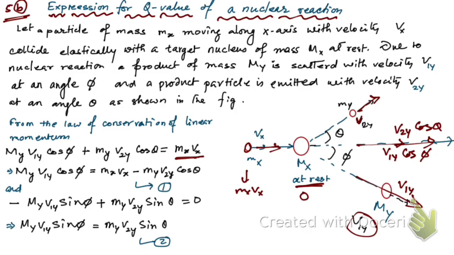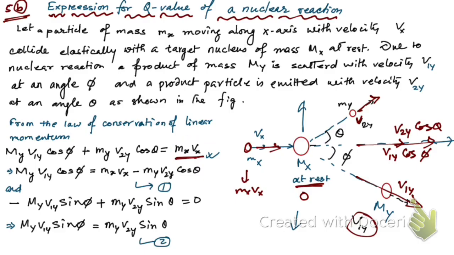Considering along the x-axis, we have got this equation. If you simplify this, you're going to get My v1y cos phi and mx vx minus my v2y cos theta, right? Because the total momentum before collision is mx vx, since the target was at rest.